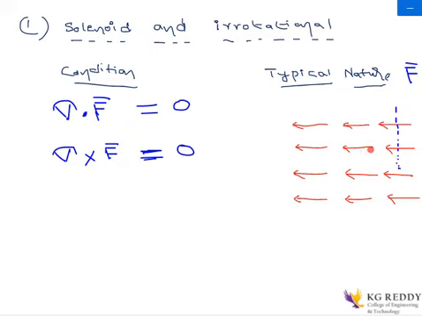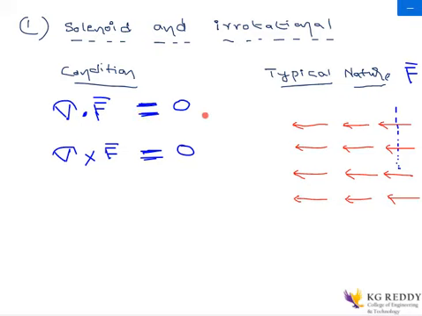In a simple way, we can say that there will be neither a source nor a sink. Hence the divergence is absent, so del dot f bar can also be written as 0.